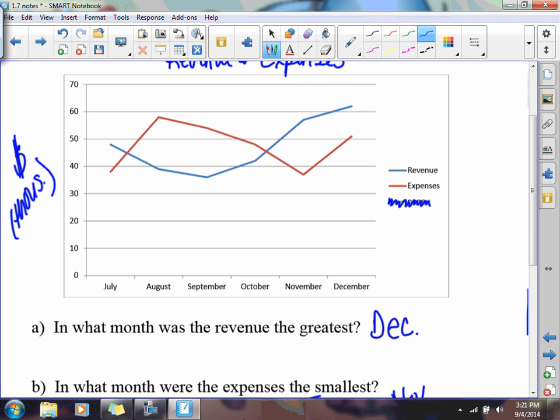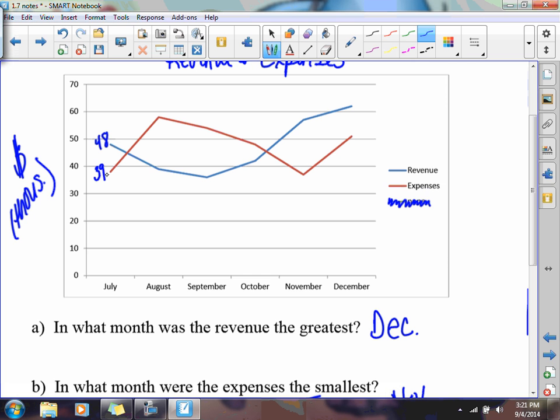And it looks like the revenue might have been about 48,000, and so let's put a little 48 by that. And the expenses might have been, I don't know, maybe 38, maybe 39.